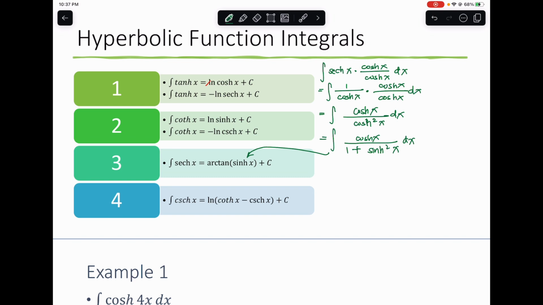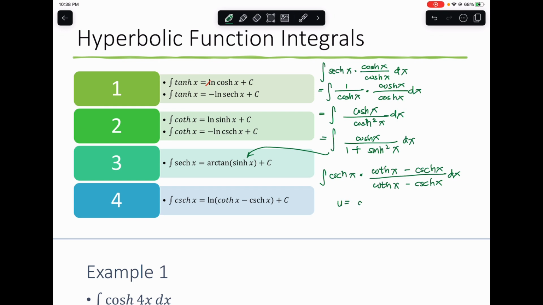And for cosecant, hyperbolic cosecant x, we multiply by hyperbolic cotangent x minus hyperbolic cosecant of x. In here, my assumption would be this would be ln.